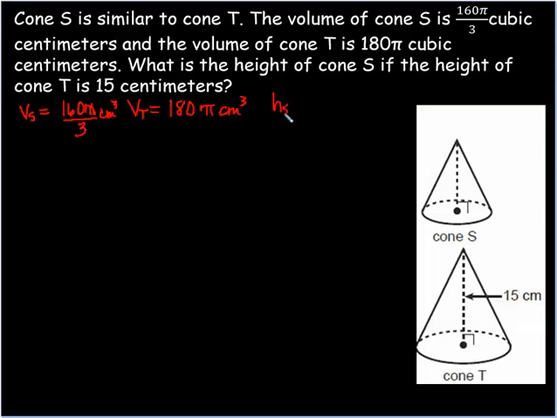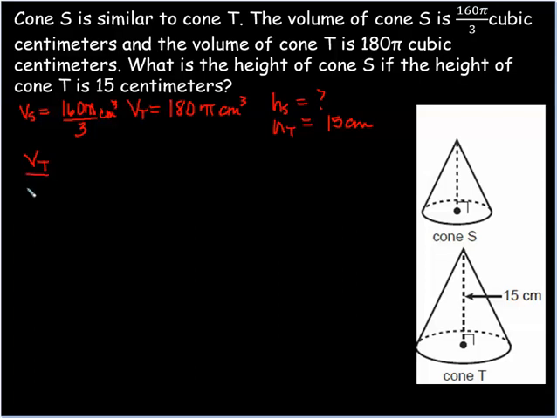And then the height of S, we don't know. The height of cone T, they told me, is 15 centimeters. There we go. So now we get to use our fancy formula.